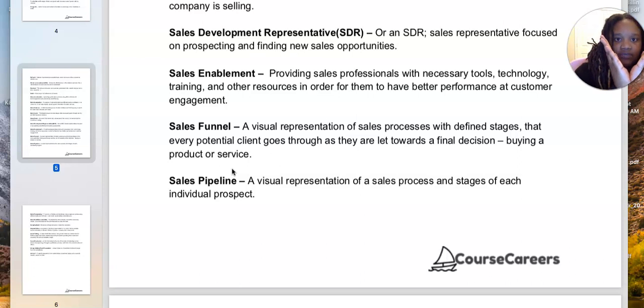So let's say, for example, if I'm running a marketing campaign and I want maybe 1,000 impressions, that's going to be the top. Out of those 1,000 impressions, I'm going to get maybe 500 people that are actually going to put in some form of information.